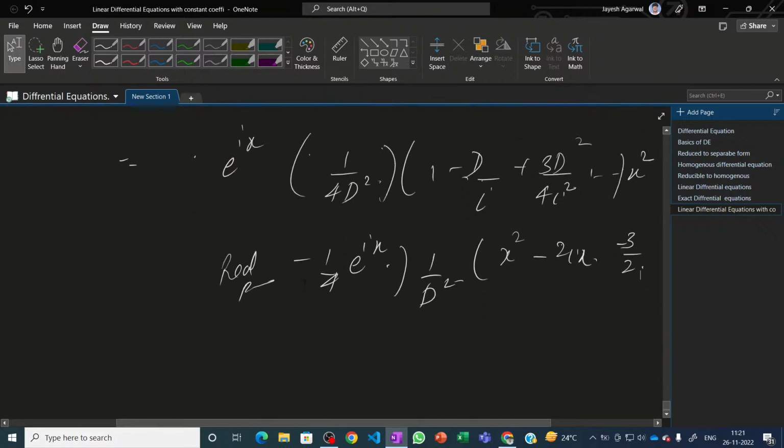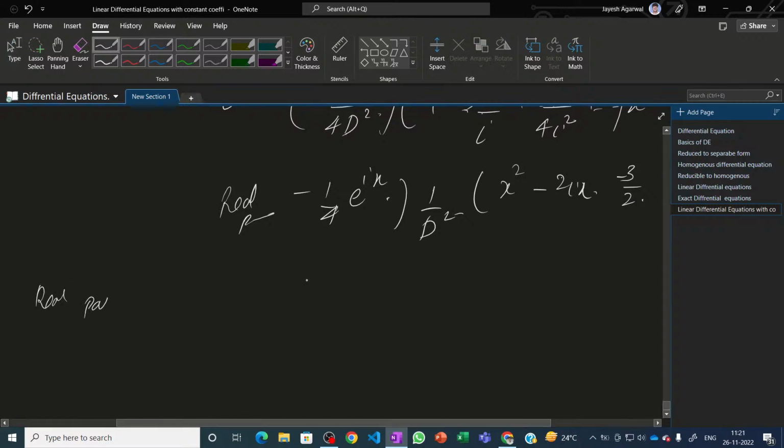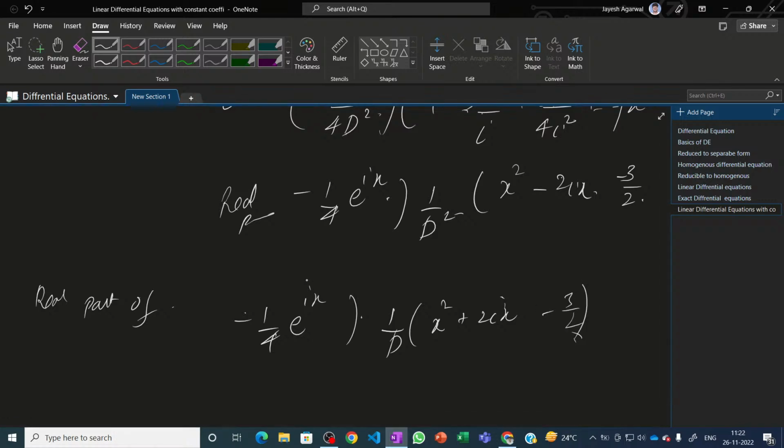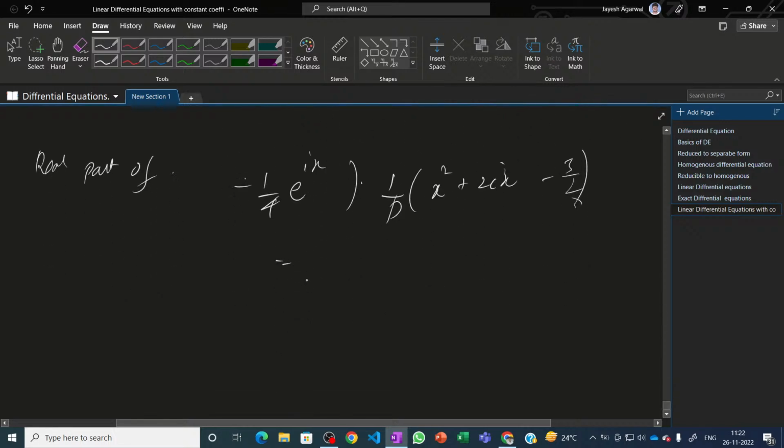Then again simplifying, real part of minus 1 upon 4 e raised to power iota x, 1 upon D, x square plus 2 iota x minus 3 by 2.